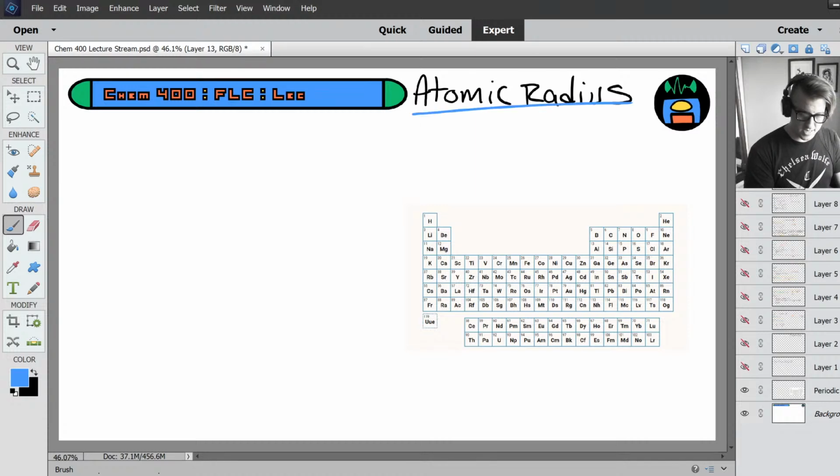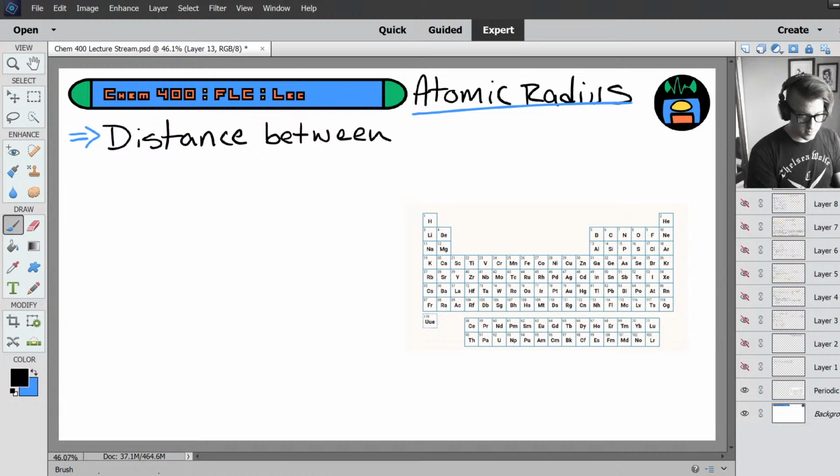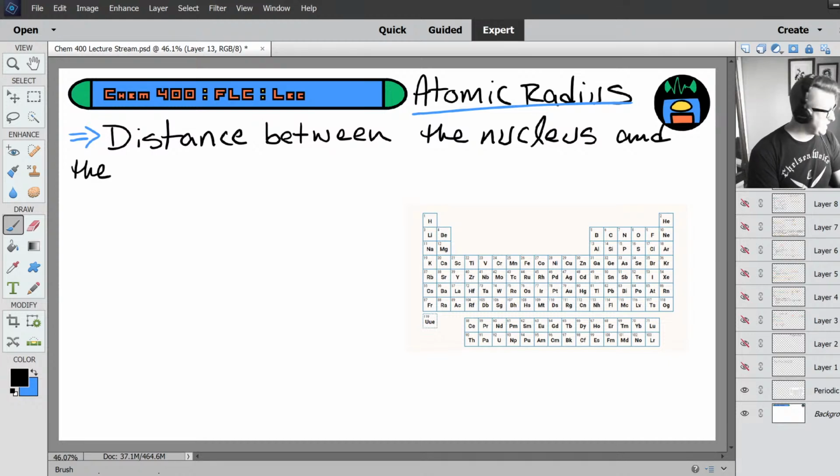All right, and the atomic radius is defined as the distance between the nucleus of an atom and the valence electrons.